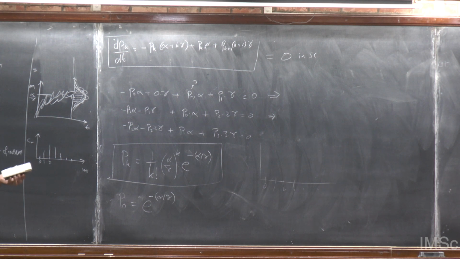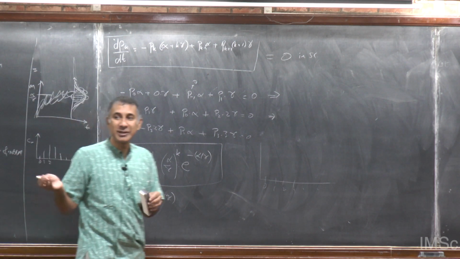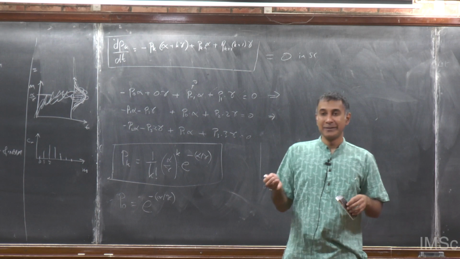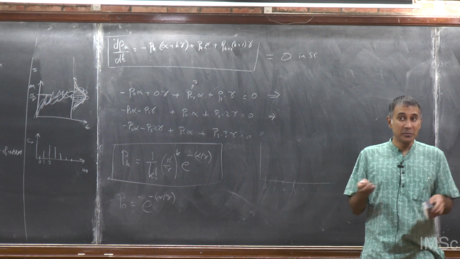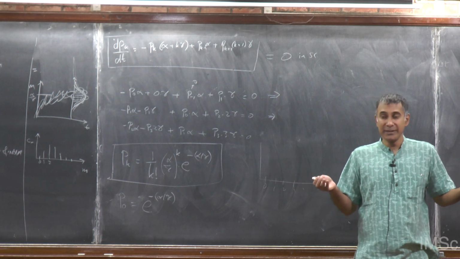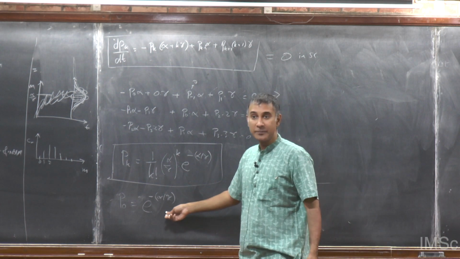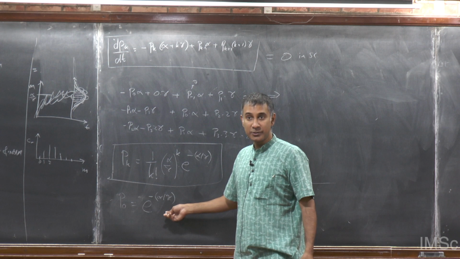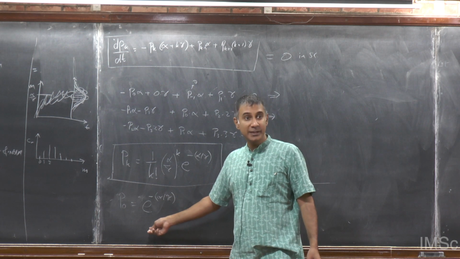Then what is the expected number of mRNAs? 0.01. What does it mean to have 0.01 mRNAs? What it really means is that most of the cells have no mRNAs, and some cells will have 1, and so on. So if alpha over gamma is very small, close to 0, then most cells will have 0 mRNA.